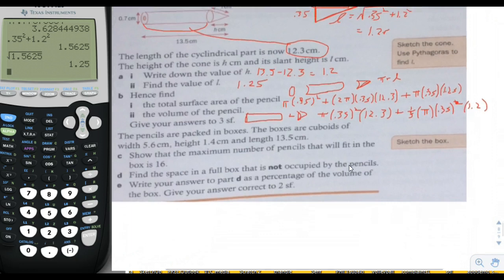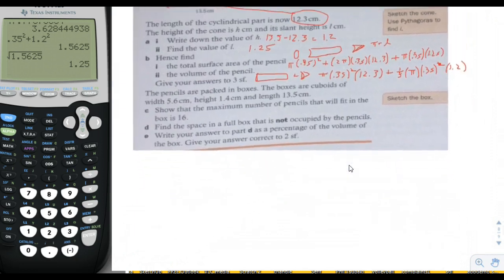The pencils are packed in boxes. The boxes are cuboids of width 5.6, height 1.4, and length 13.5. Show that the maximum number of pencils that will fit in the box is 16. It looks like the length is exactly right for the pencils. So let's draw the cross section, 5.6 and 1.4.